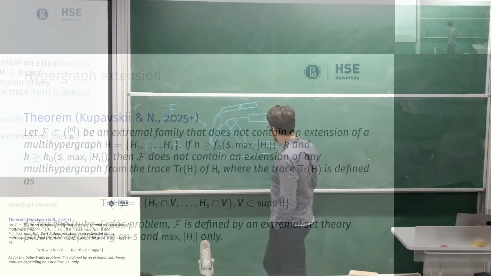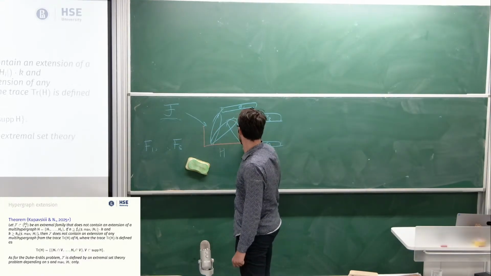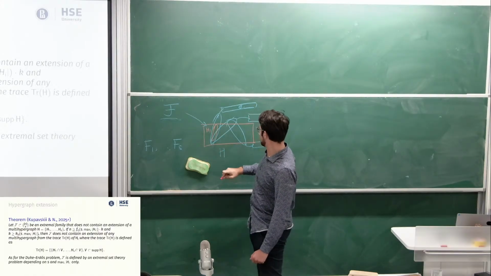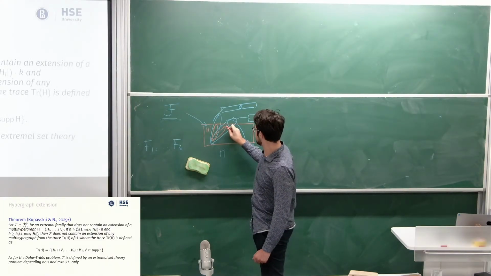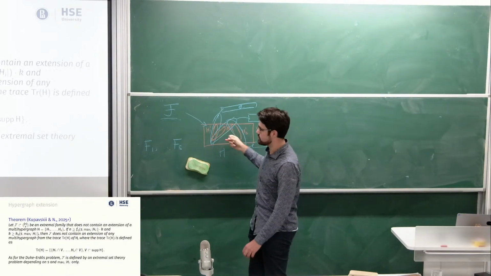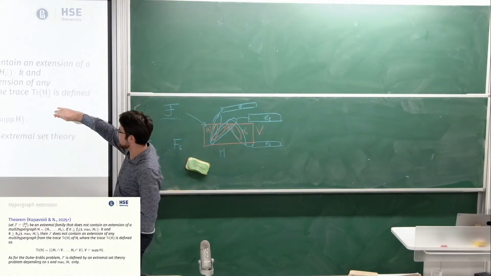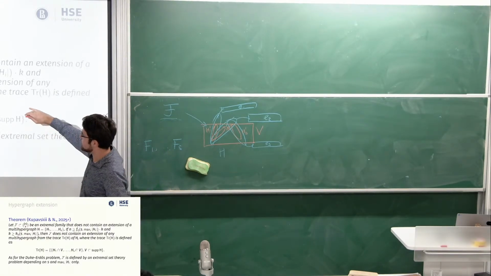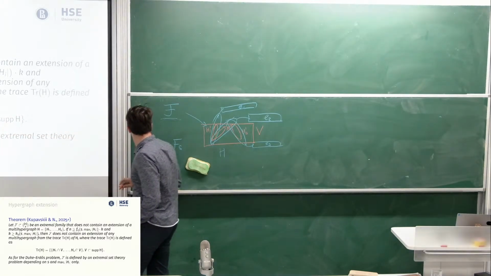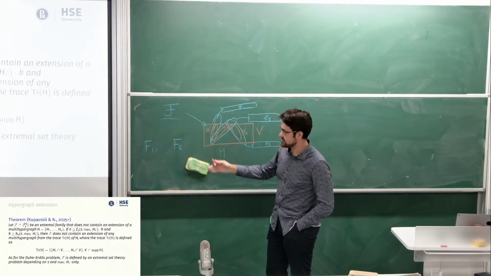We consider all edges of H and intersect them with all possible sets V, and then obtain some hypergraph just by restricting its edges to this set V. Our theorem guarantees that the extremal family F doesn't contain an extension from the trace of H. So it's again a kind of down-closed forbidden configuration, as in the case of sunflowers.